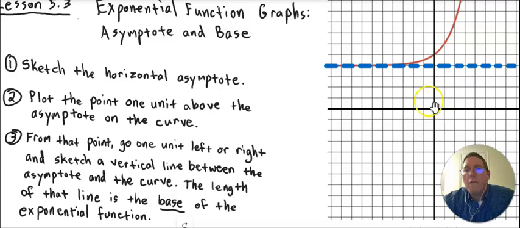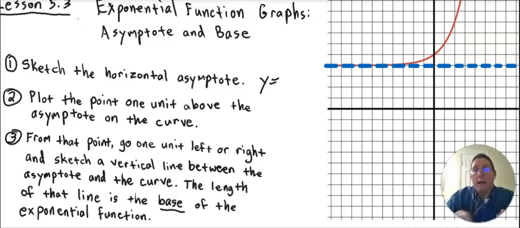Well, where is it? If we go to the origin and count up, +1, +2, +3, +4. So the answer to our question, what is the horizontal asymptote, is y equals, it's always a y equals. Remember, x equals is a vertical line. Y equals is a horizontal line.